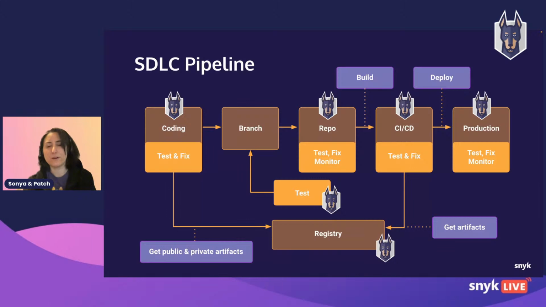Also on the repo side, depending on the host you're using, GitLab or GitHub, you can test, fix, and monitor when you raise automated pull requests. Also on the CI/CD pipeline, this will depend on the workflow. If you're using Jenkins, CircleCI, Azure Pipelines, GitHub Actions, or others, you can implement guardrails at this stage, and obviously on production and on the registry as well, to make sure that you're not fetching a malicious package or image.